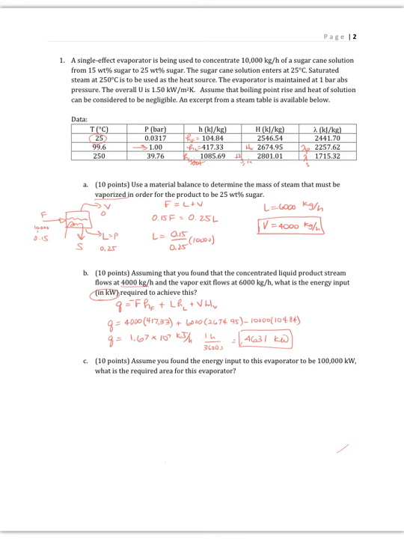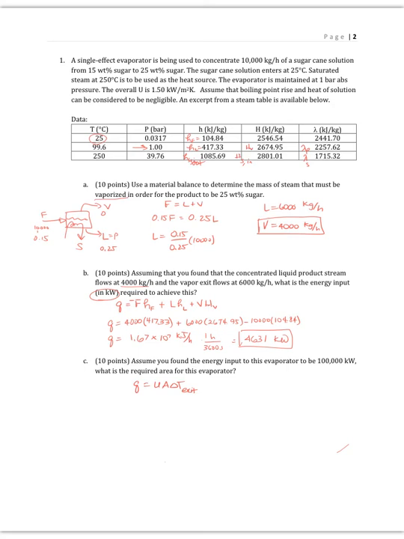And the final part, I asked for, if I found Q to be 100,000 kilowatts, what's the area for this? So the formula we're asked to use, now sometimes we use delta T log mean, but they had said that for these problems, they recommended using delta T at the exit. And so therefore, delta T at the exit is my exiting streams.